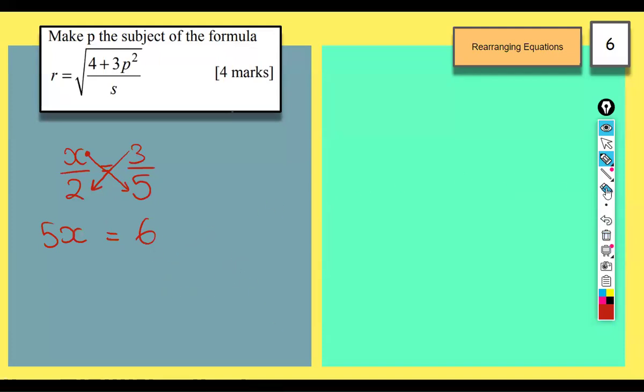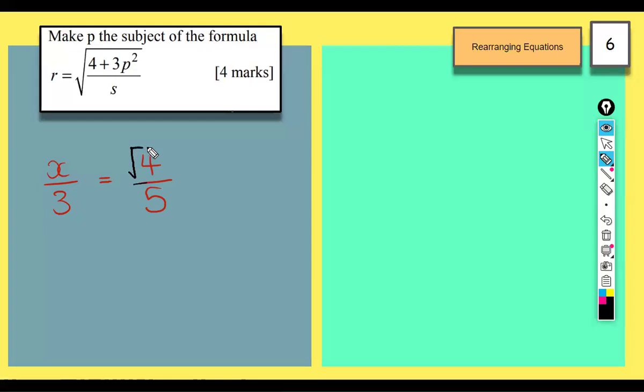Now tell me something. Let's put this an easier way. If I had x on 3 is equal to 4 on 5, that's easy to cross multiply. But if I had a square root sign on top here, and the square root sign only belongs to the 4, could I still cross multiply?